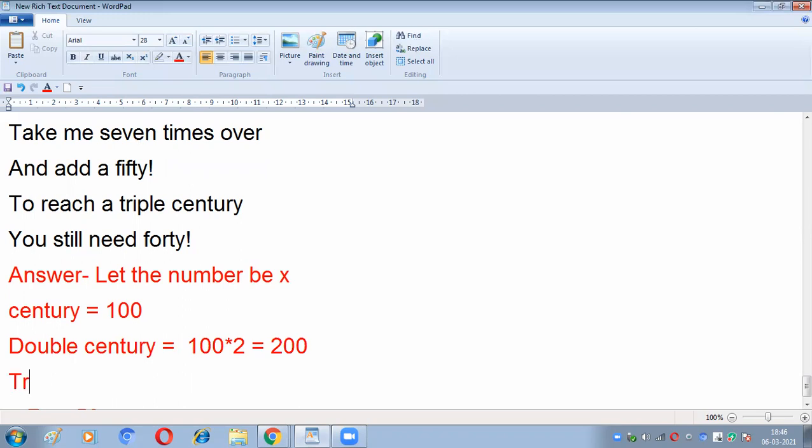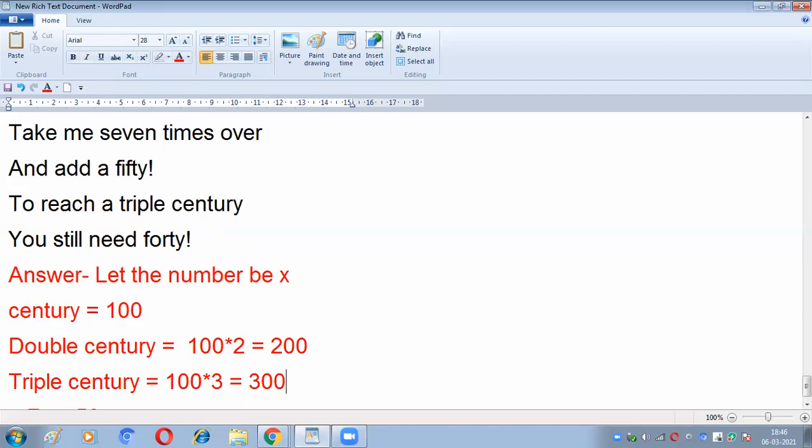And here it is written triple century. So that means how much? Century is 100. Triple means 3 multiplied by 100, which is equal to 300.